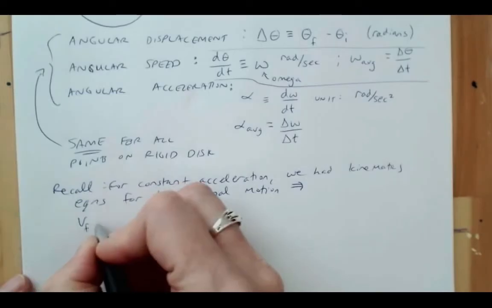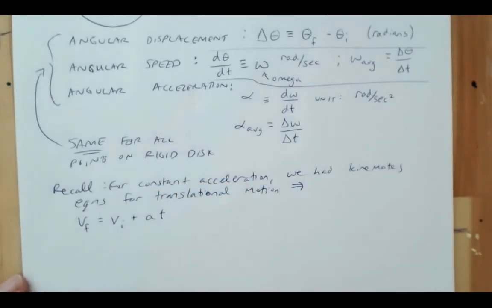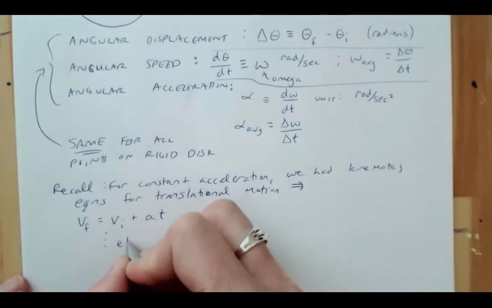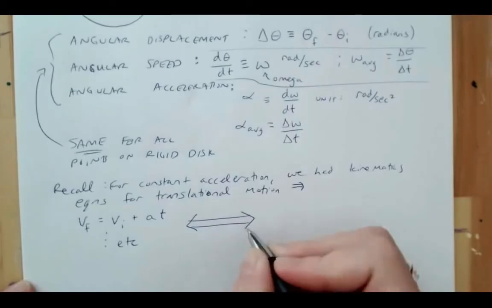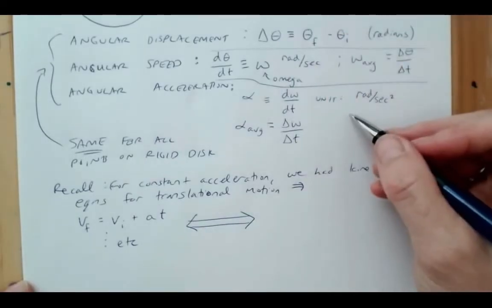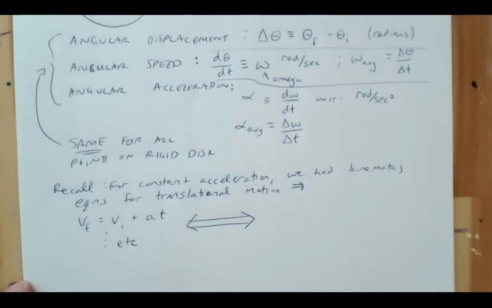So we had, v final, for example, equals v initial plus the acceleration times time, etc. But it turns out that you make these same assumptions, and without going through the derivations, you can have your kinematics equations for rotational motion.